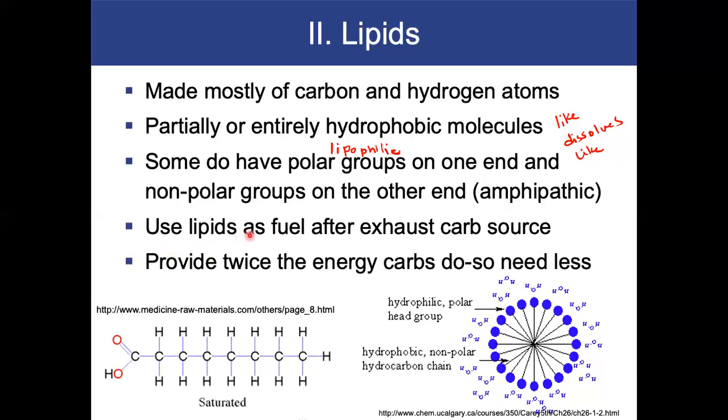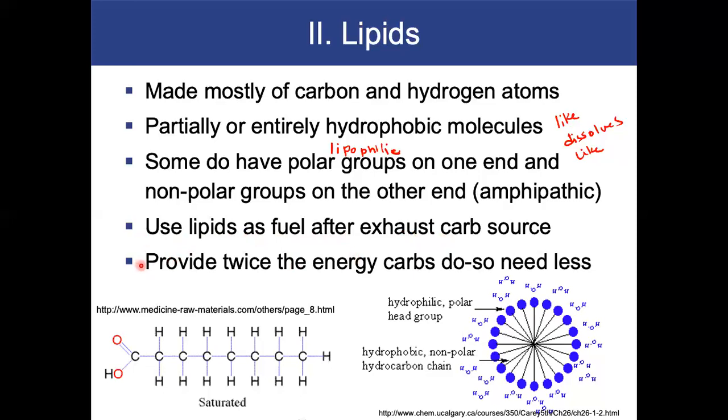You're going to use lipids as a fuel source after you exhaust carbs. So use carbs first as a fuel source, lipids second, and then proteins last. Lipids provide twice the energy that carbs do, so we need less. I'm going to talk about the nutrition assignment in lab.